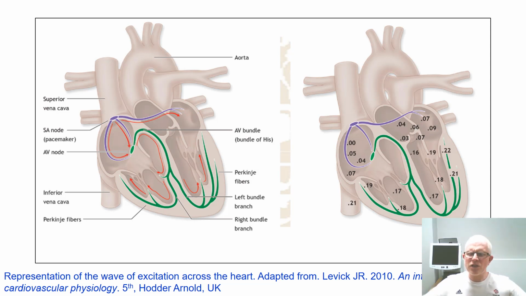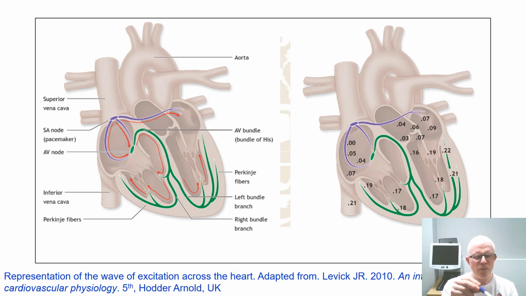So you can start to see that it's a multi-dimensional innervation, and how each of these components, the AV bundle, the Purkinje fibers, the left bundle branch, the right bundle branch, all lie in relation to the key structures of the heart, the atria and the ventricles.